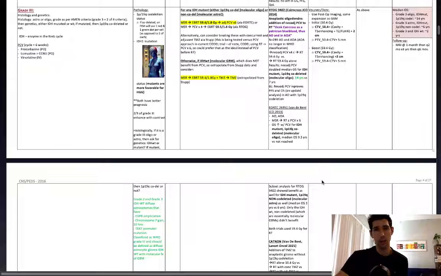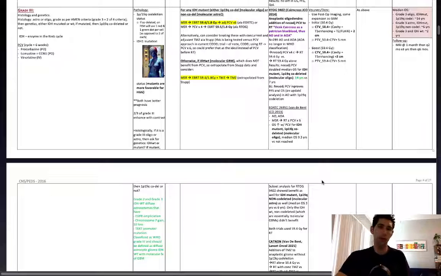The next trial is EORTC 26951, Van den Bent, JCO 2013, again looking at anaplastic oligodendrogliomas and anaplastic oligoastrocytomas. These patients were randomized to maximum safe resection followed by radiation plus PCV times 6 cycles or just radiation. So maximum safe resection, radiation followed by PCV times 6 cycles versus maximum safe resection followed by radiation.